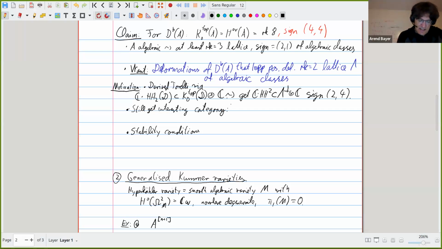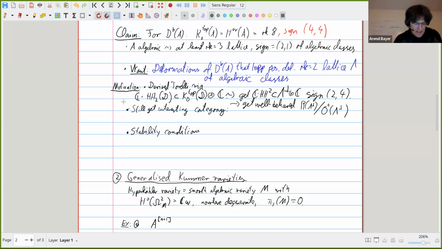So then we get a well-behaved, though in particular non-Hausdorff, algebraic period domain of lambda perp modulo some group of integral transformations of this lattice. So that's the first reason. So just thinking about derived Torelli already gives us motivation to restrict to such deformations.